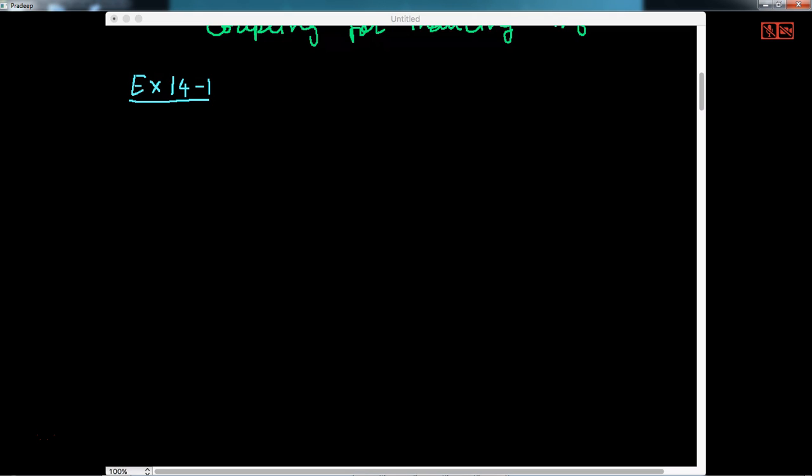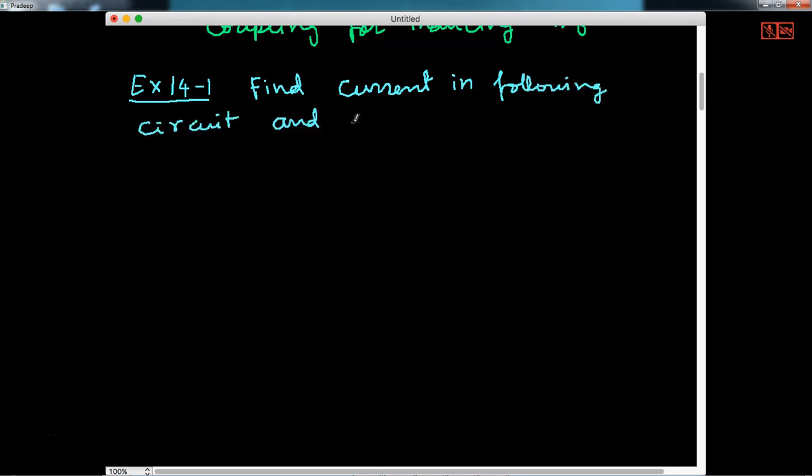Okay, so let me continue now. Example one: find the current in the following circuit and draw the vector diagram.